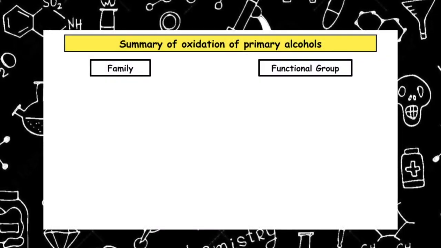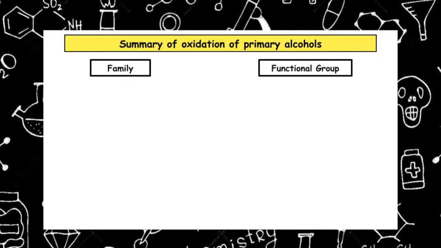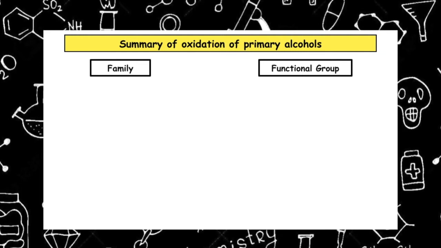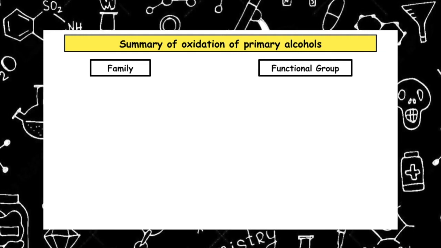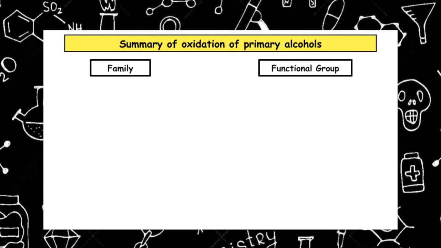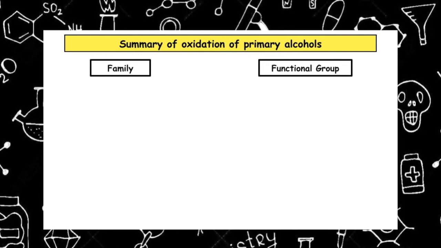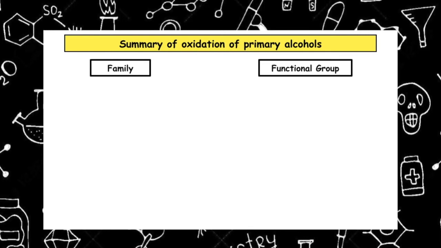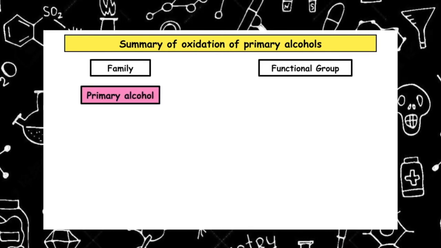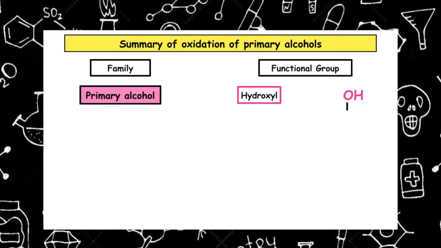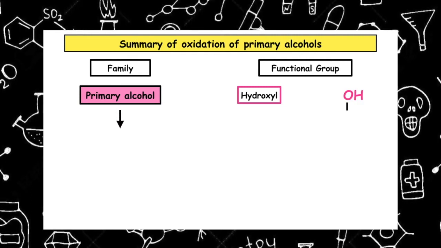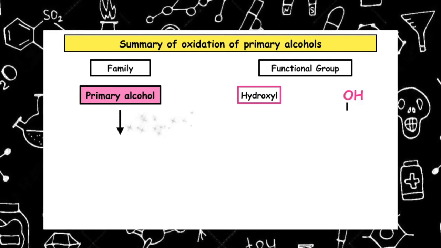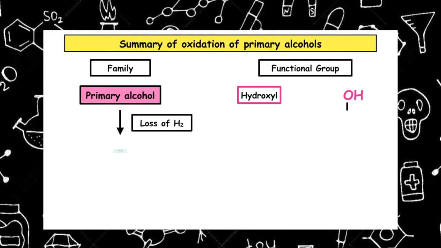So let's look at a summary of the oxidation of primary alcohols. We need to be able to know the name of the family, the name of the functional group, and how that functional group is drawn to be able to identify that from a full structural formula. Primary alcohols will have the hydroxyl group, which is an OH. After the first stage of oxidation, it will lose hydrogen to form an alkanal.